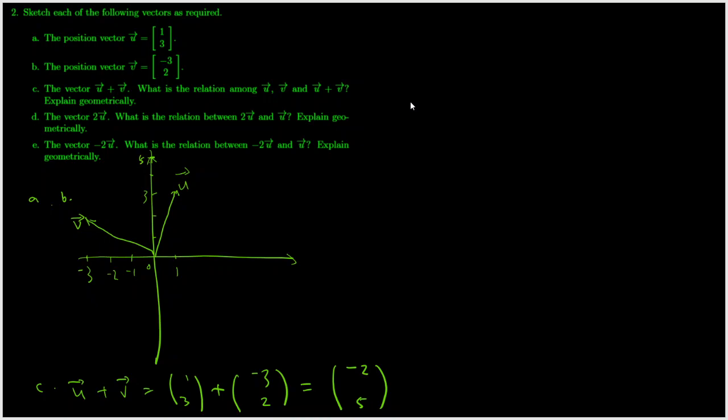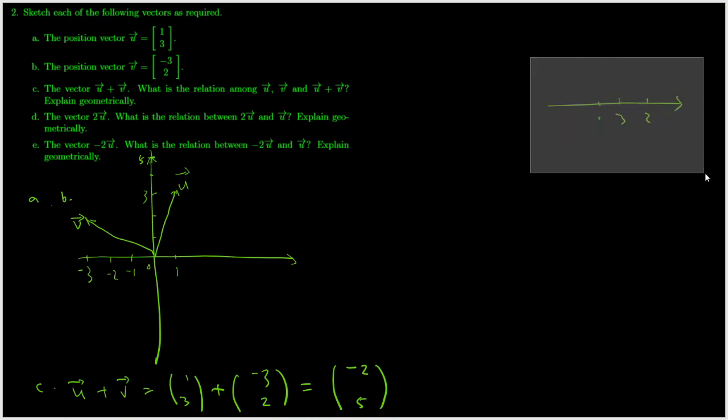Okay, on a number line. I have seen some other people in other classes doing this: 1, and then 2, 3. So do not label numbers like this. They're not reasonable, right? Okay. Of course, it's not you guys.